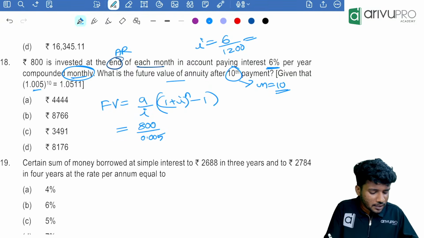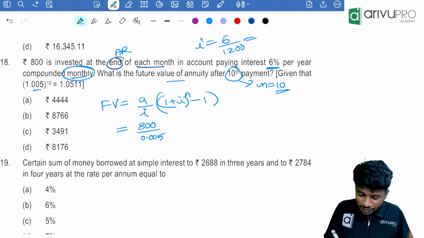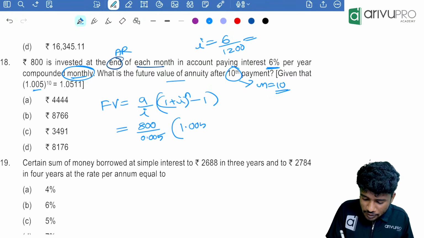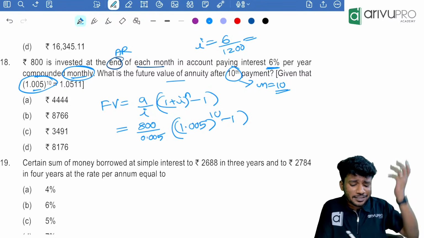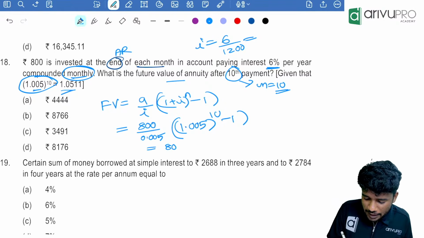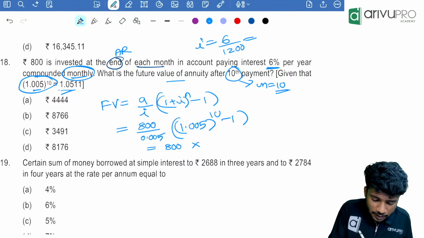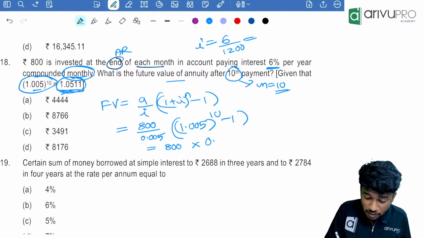This 6 by 1200 is nothing but 0.005, into 1.005 the whole power 10 minus 1. This 1.005 the whole power 10 is already given in the question, so you can use it directly itself, which is equal to 800 into 1.055511 minus 1 will become what?